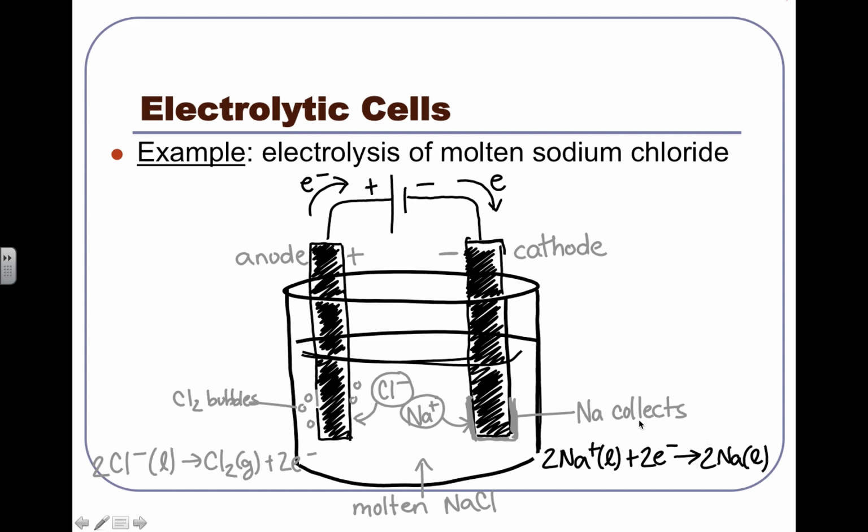And so your net reaction would be 2 sodium ions, liquid, plus 2 chloride ions, all liquid, yielding liquid or solid sodium, depending on the temperature if it told you specifics, and chlorine gas. So if you're wanting to purify or get out pure sodium, this is the way to do it.